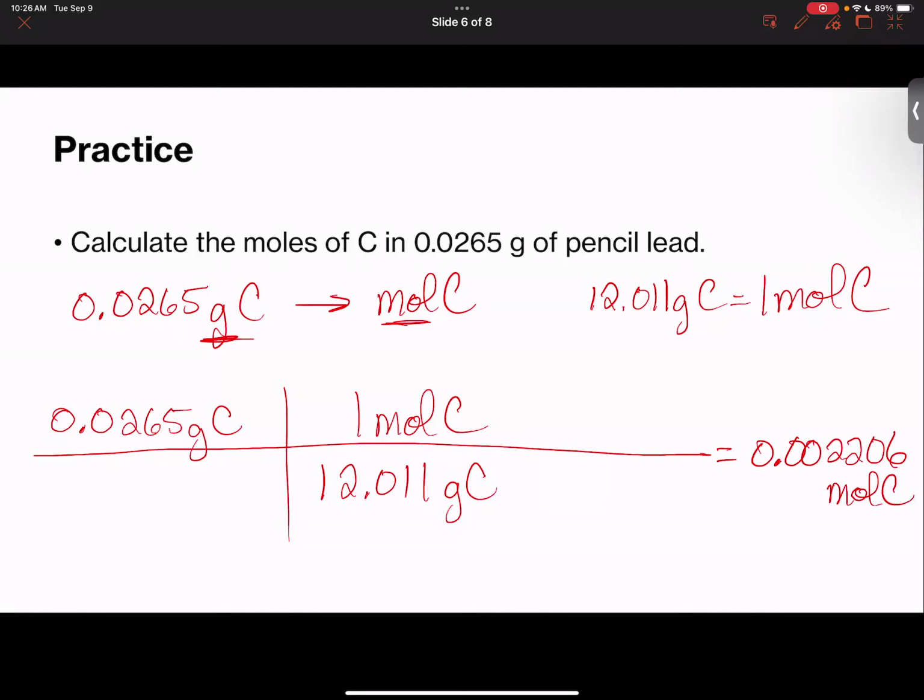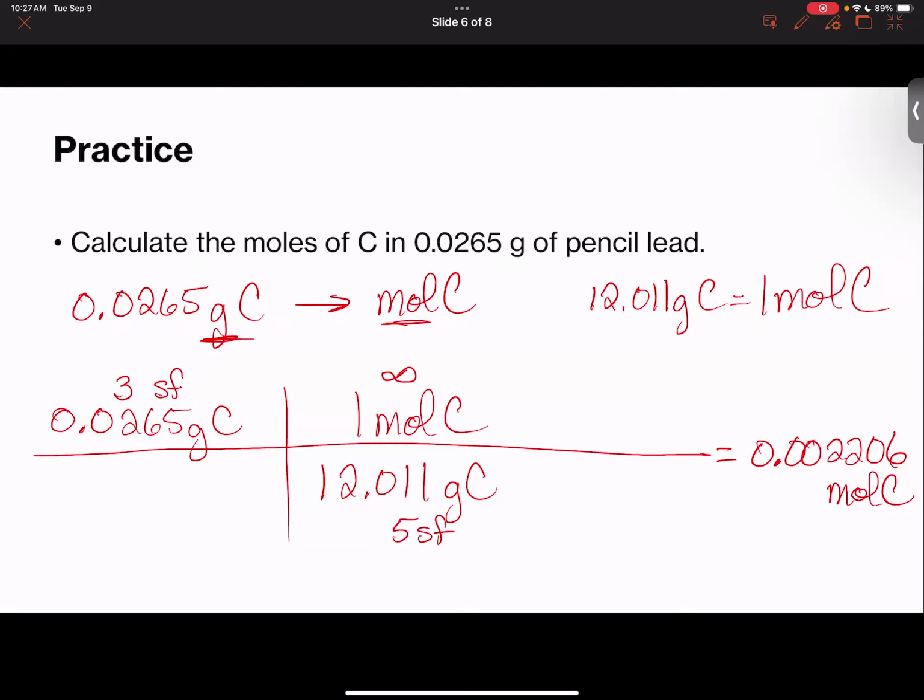Sig figs. In your starting value, you had 3 significant digits because leading zeros don't count. The mole of carbon in the molar mass has an infinite number of significant digits. This molar mass has 5 significant digits.